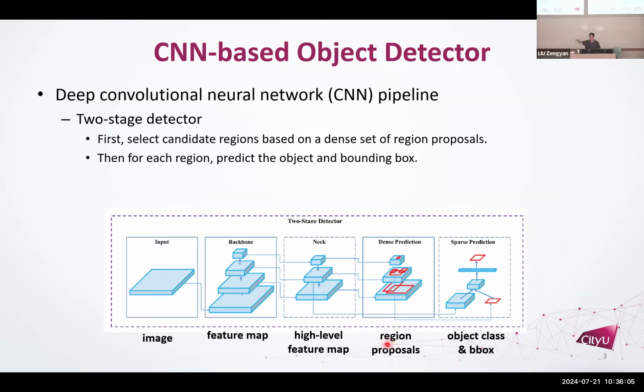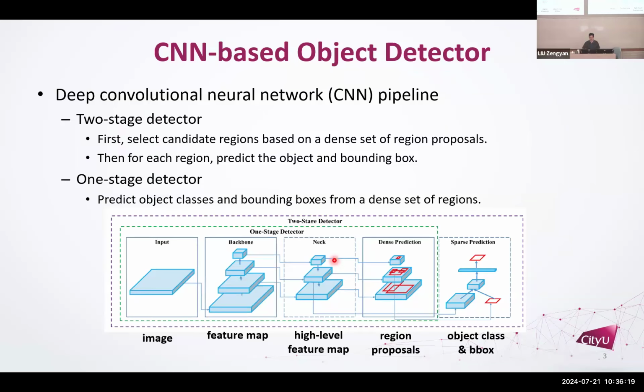Okay, and then given those region proposals, I predict whether or not it's an object and what class that object is. And I also predict where the actual bounding box is around that object. Okay. That's two stages. The two stages are region proposal and classification. Okay, there's a simplification of this called a one-stage detector, where you predict everything in one go. You predict the region proposals and the classes at the same time.